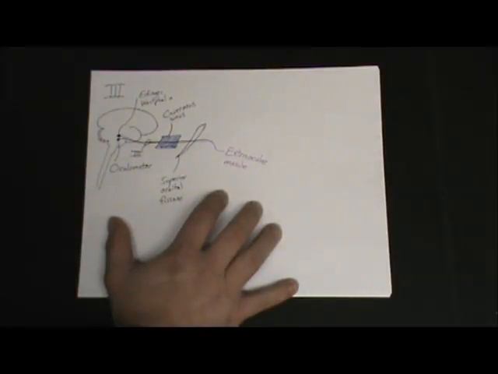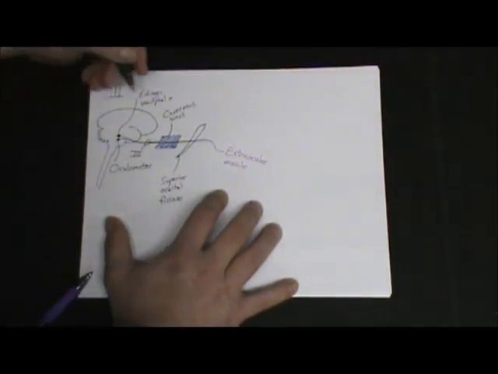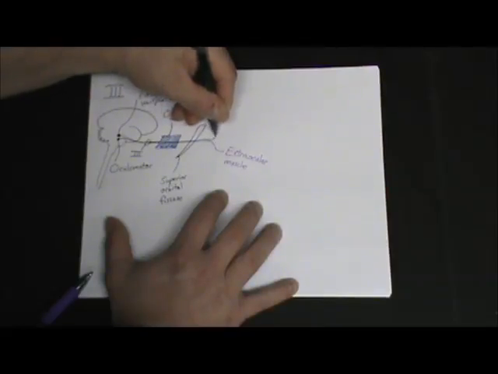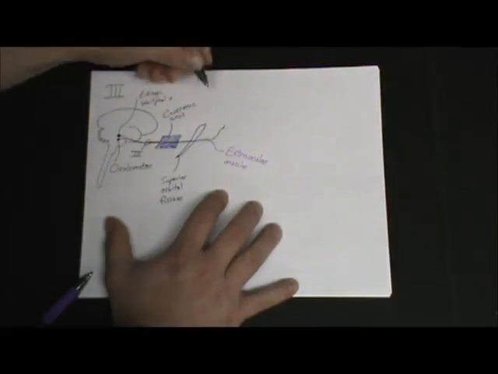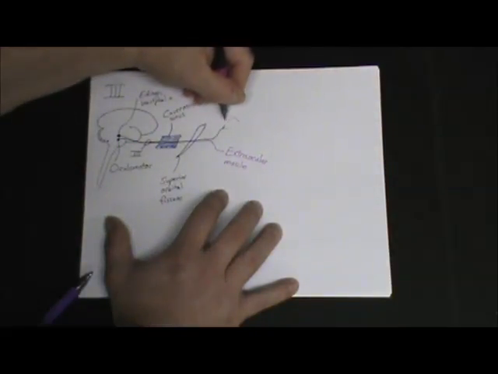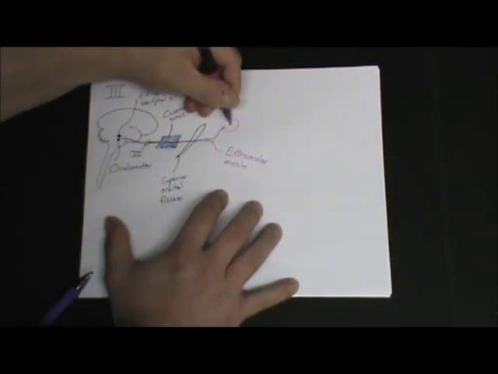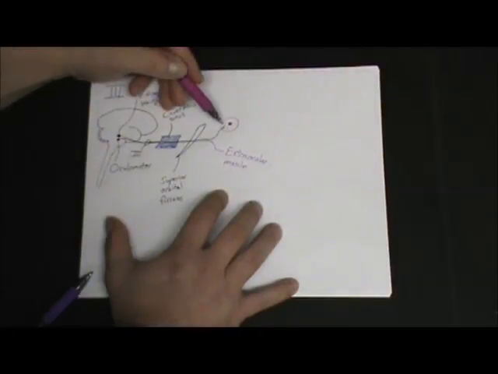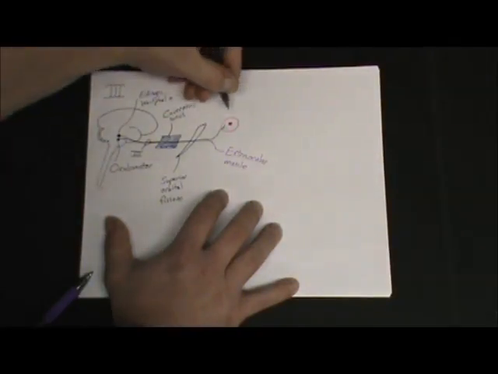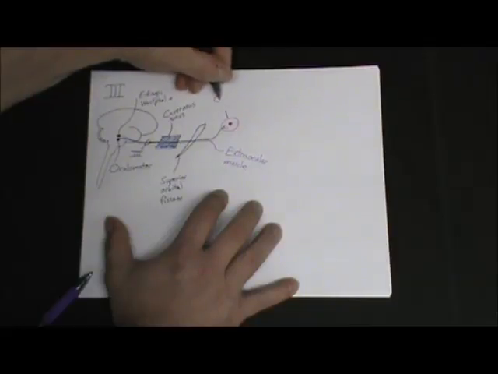But we'll leave that alone for right now, and instead follow the parasympathetics, which then make their way to their associated ganglion. And as we discussed before, the ganglion associated with cranial nerve 3 is the ciliary ganglion, and there it synapses with those cell bodies.